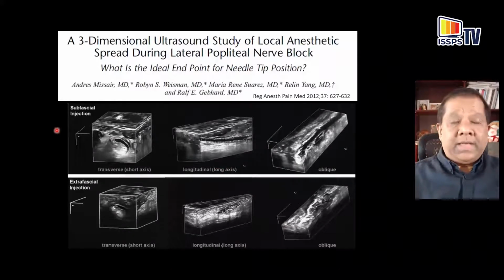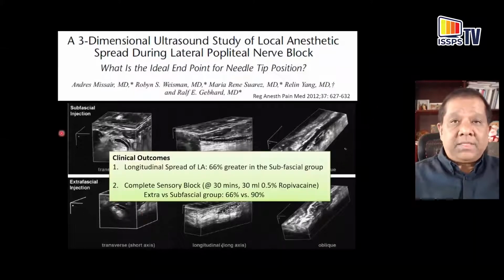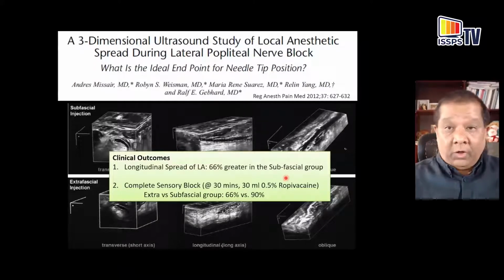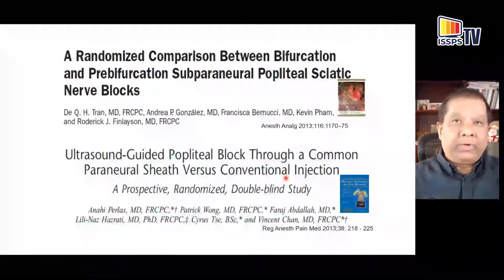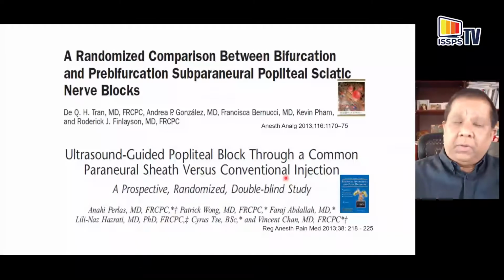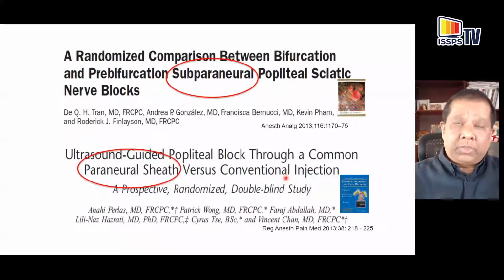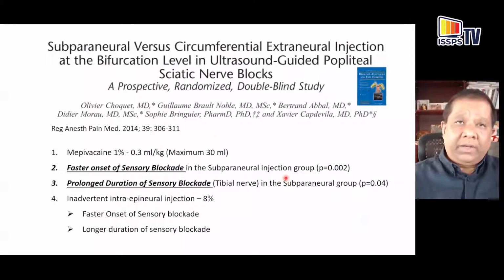What they showed is that a subfascial injection produces extensive spread along the nerve, whereas an extrafascial injection remains localized. And this is the basis why, because you have a subfascial injection, it contains the volume, and therefore you get much more extensive spread. And this is probably the reason why subparaneural injections produce better outcomes after sciatic nerve block.